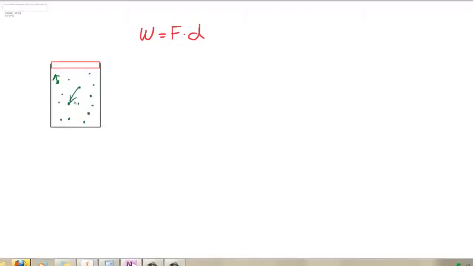Now we just learned that work is applying a force over a distance. If I push on this little red piston at the top that is free to move up and down on this gas, I must apply a force and I end up squeezing the gas. If I do that, I should do work on the gas.